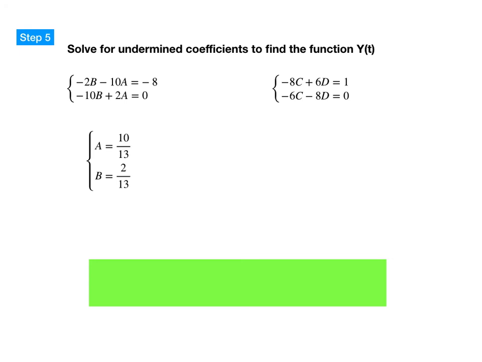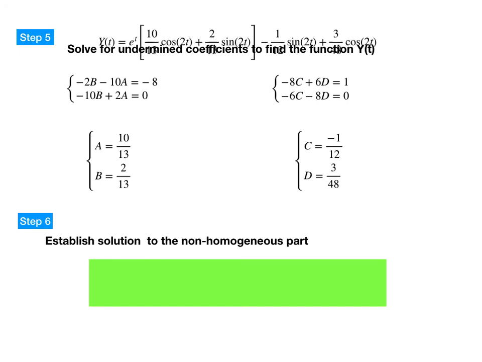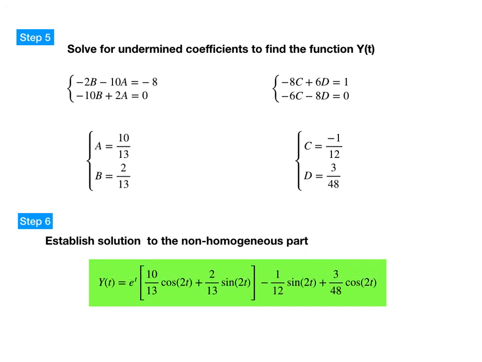Similarly, we form these two equations involving c and d, and then we can solve for c and d. Once a, b, c, d are determined, we can establish a solution to the non-homogeneous part. We could just plug a, b, c, and d into their spots.